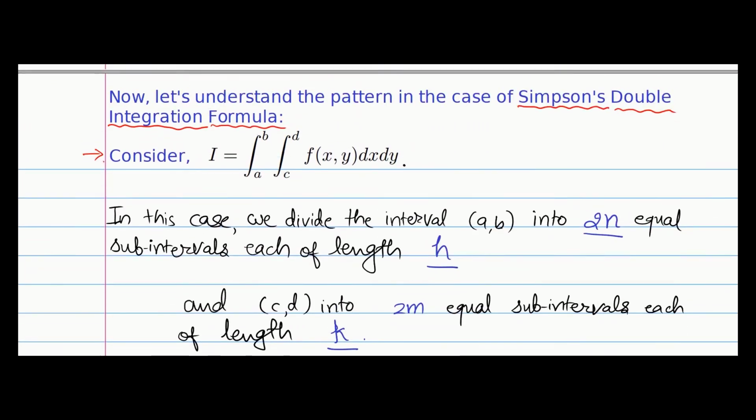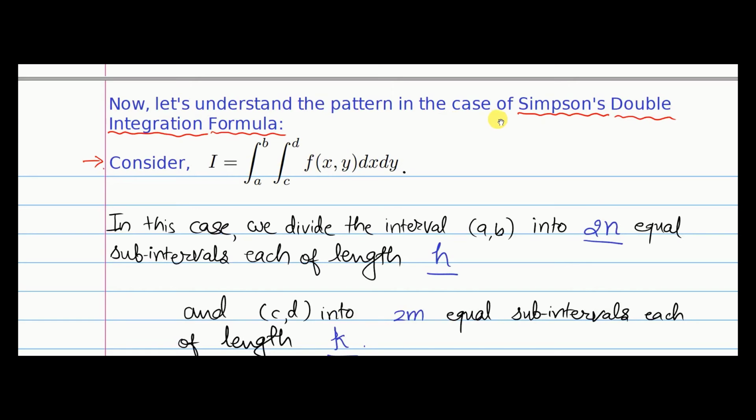In the same way, we can even find the formula for Simpson's double integration. So for the sake of consideration, we will have the same kind of integral, I is equal to integration a to b, c to d, f(x,y) dx dy. In this case, we divide the interval a to b into 2n equal subintervals.